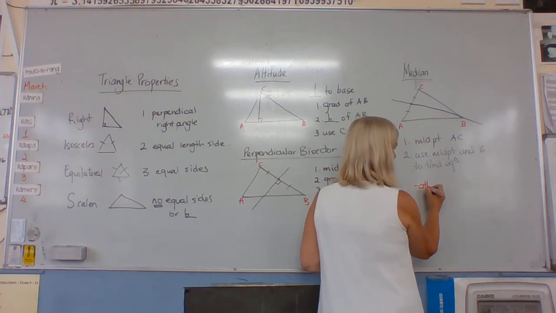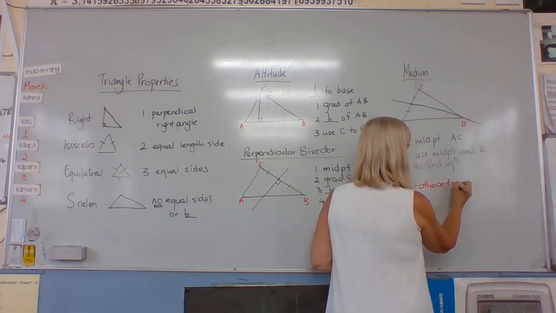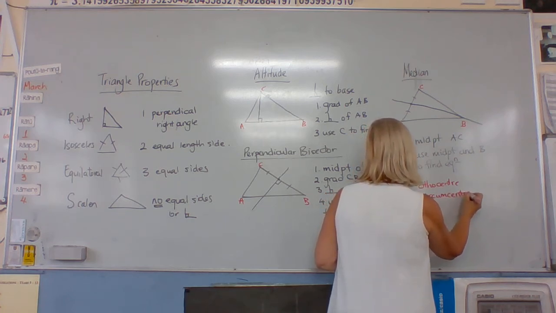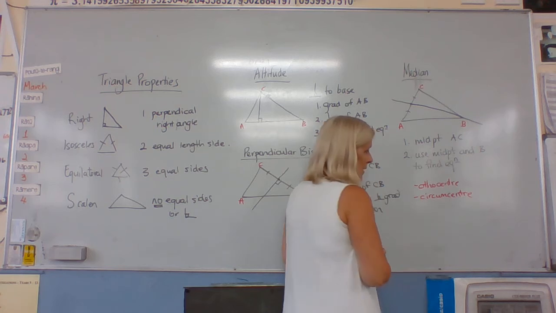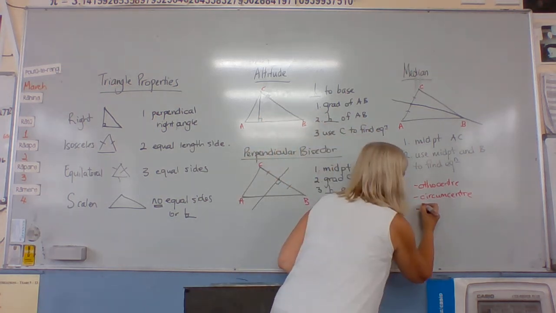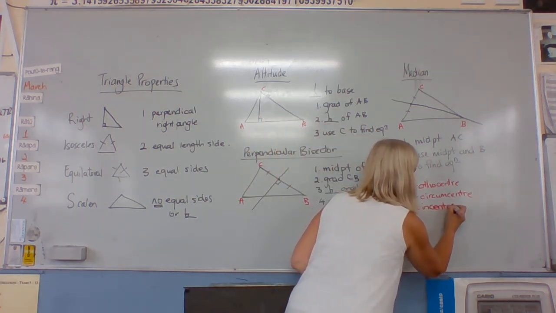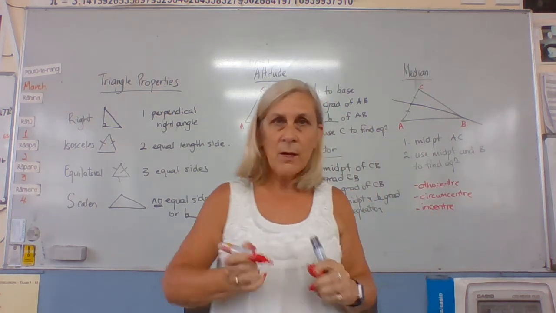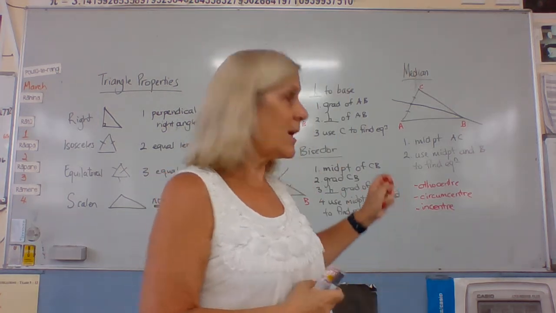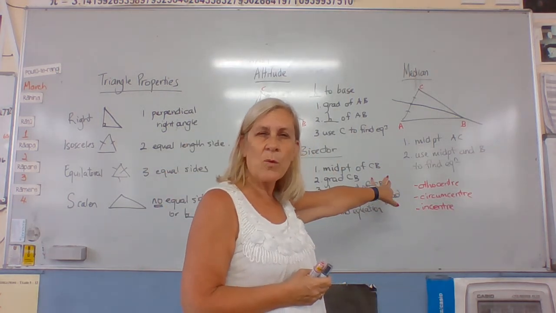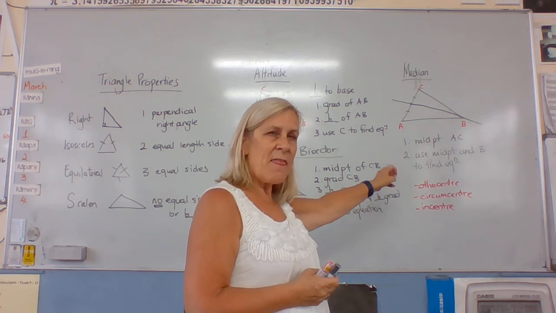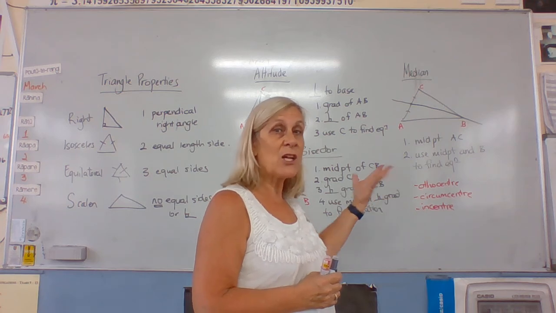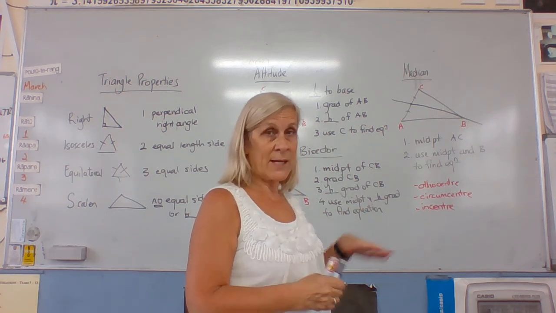So orthocenter, circumcenter, incenter, I think that's right, I don't know, and I can't remember the other one. All right, but if you've got some time and you feel like it, some of you guys might like to go and investigate what they are and how you might find the point, because it's a point. Each of those is a point related to a triangle and a circle in a different way. Have a look.